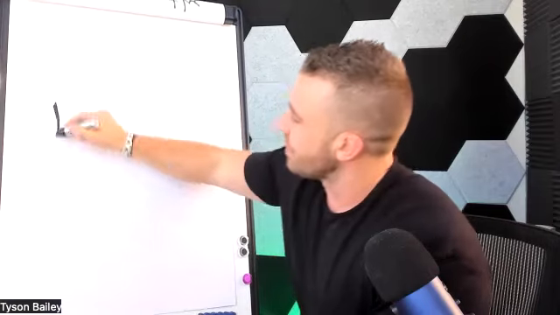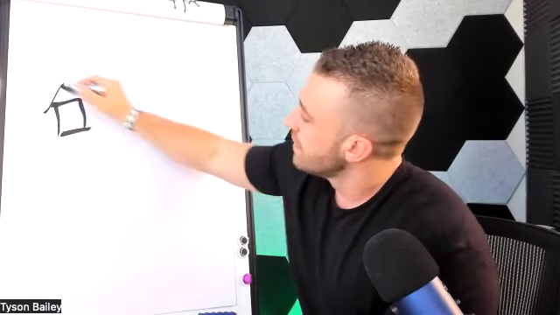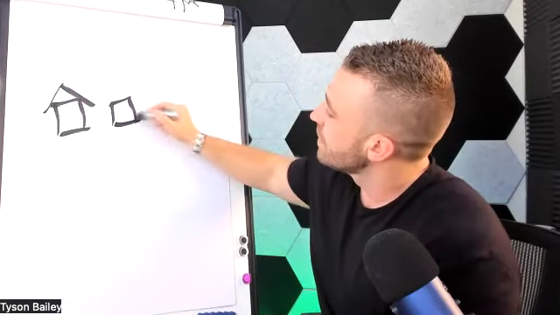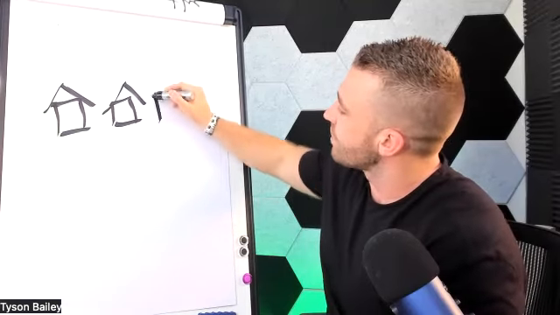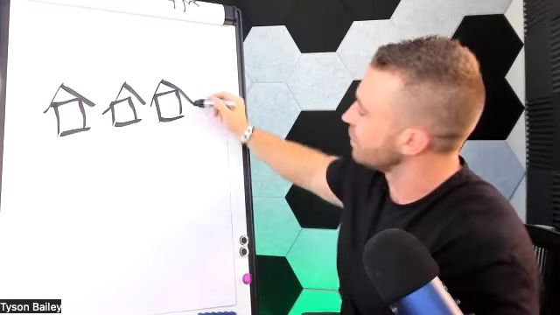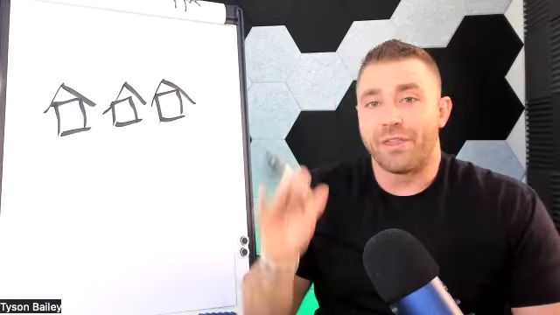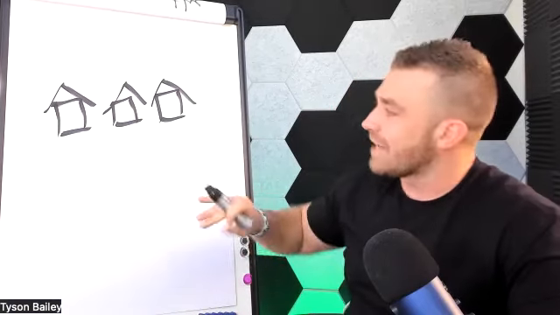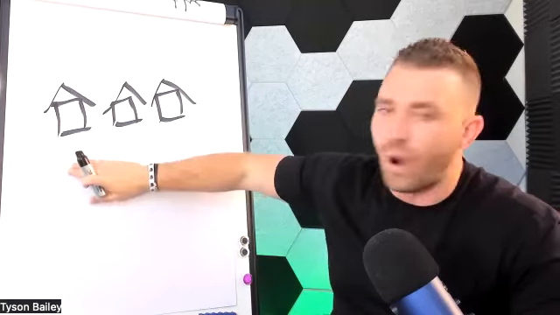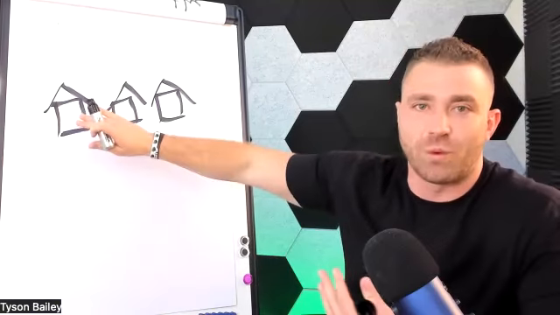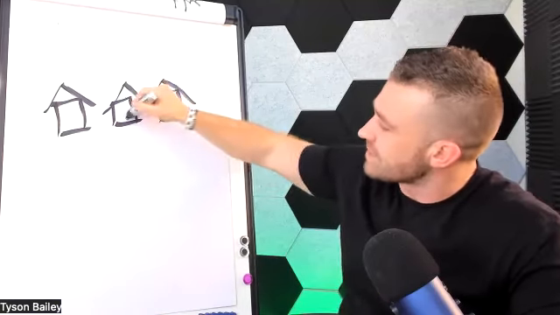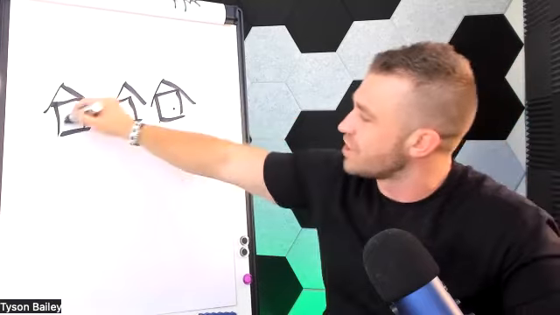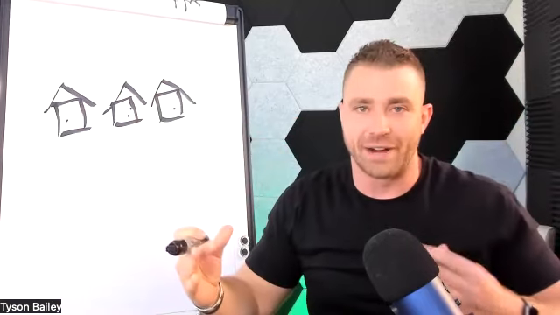So you're going to have your homes, right? Let's say we've got 3 homes here that I want to take a look at. Now, with these model homes, can I just go in and walk into whatever one I want at the time? Can I start with house number 2, or can I start with house number 3 and then jump to 1 and then 2 or whatever, right?